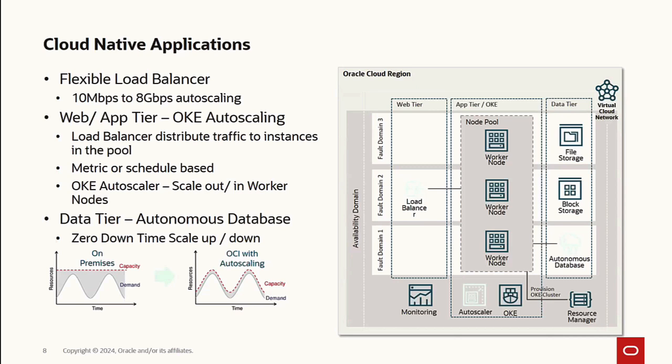So again, you not only have the load balancer, but you also have Oracle Kubernetes Engine monitoring and working with your node pool. You could do something similar with virtual machines by auto scaling them, but what you can do with OKE is more considered the cloud native microservice approach, right?